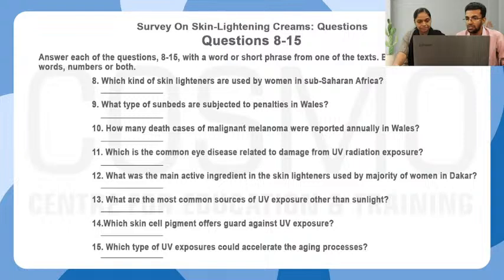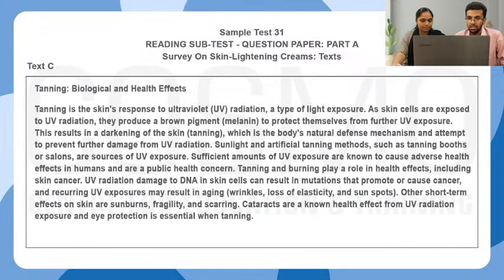Yes, Devi Nandana got it right. Artificial tanning methods. Yes, the answer is correct. The text clearly says that sunlight and artificial tanning methods such as tanning booths or salons are sources of UV exposure. Okay.